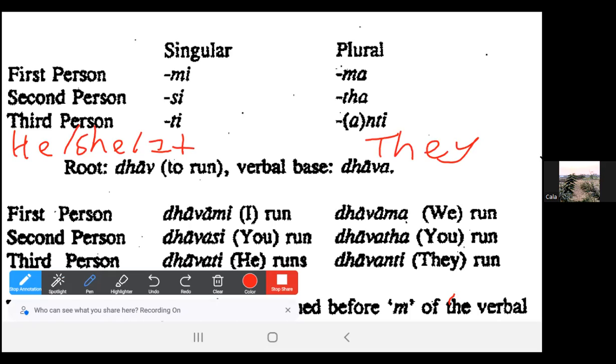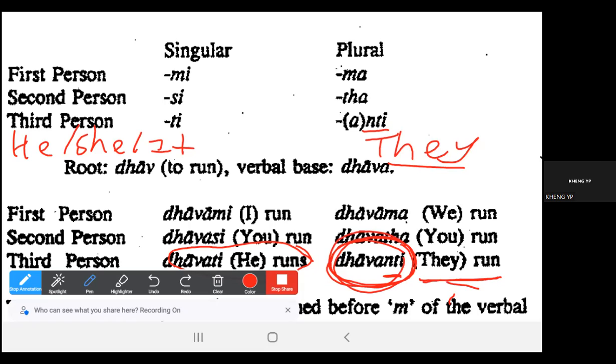That's why if you put dawati, it means he runs, or she runs, or it runs. If you put anti here, it will be dawanti, we pronounce it dawanti. They run. Because it's with the anti. Okay, can you follow me so far? Yes.